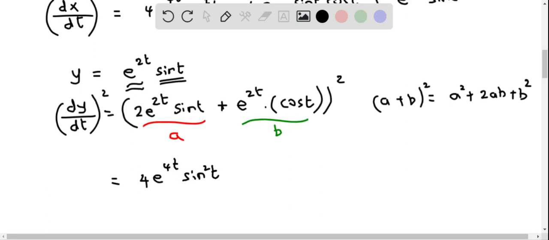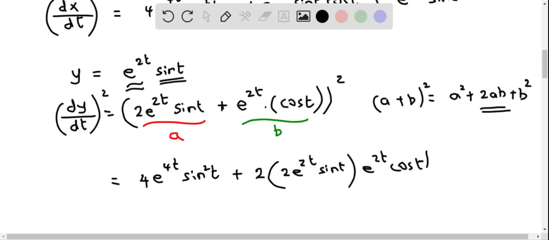So I have written this a squared, plus then this 2ab. It will be 2 times a, which is 2e^(2t) sin t, multiplied with the b term, which is e^(2t) cos t, then plus b squared.